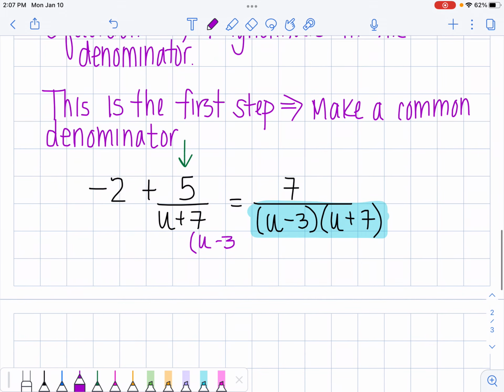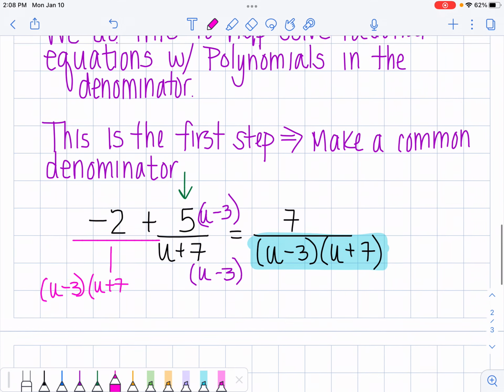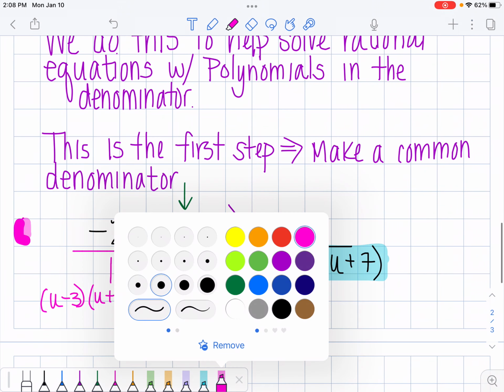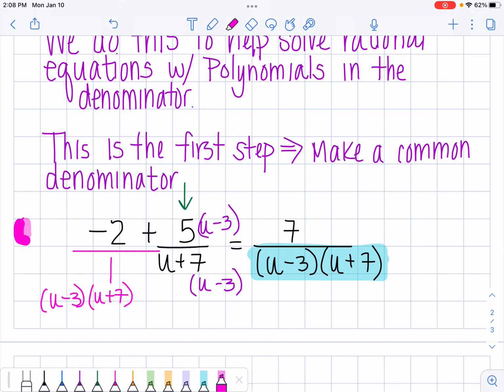So I would multiply on the top times u minus 3. The denominator on the 2 is really a 1, so this is missing everything. It's missing a u minus 3 and a u plus 7. So I have to multiply this times u minus 3 and u plus 7.